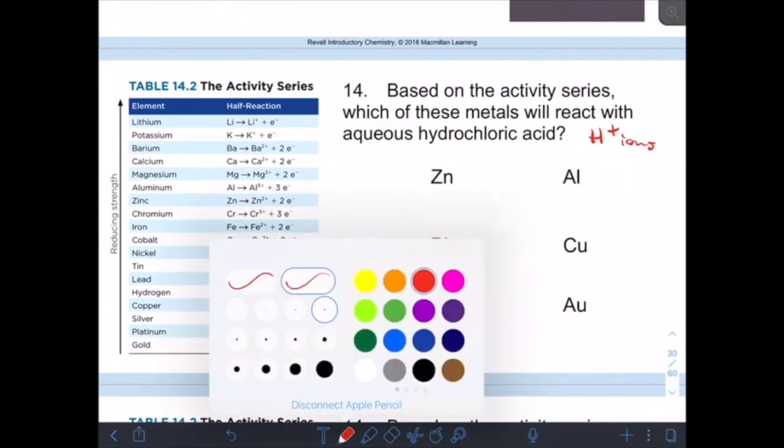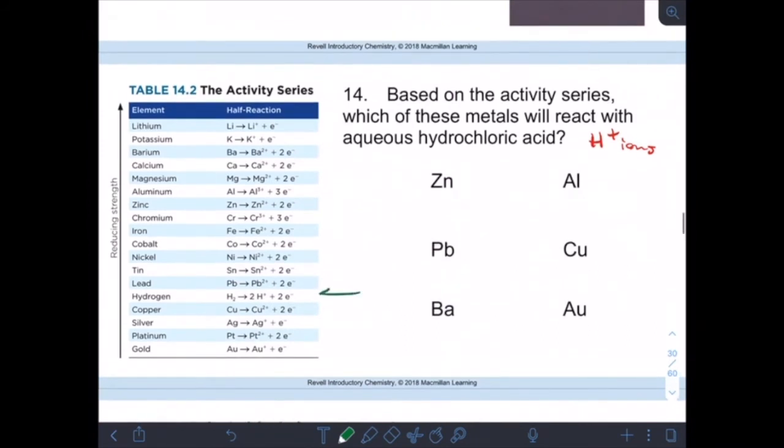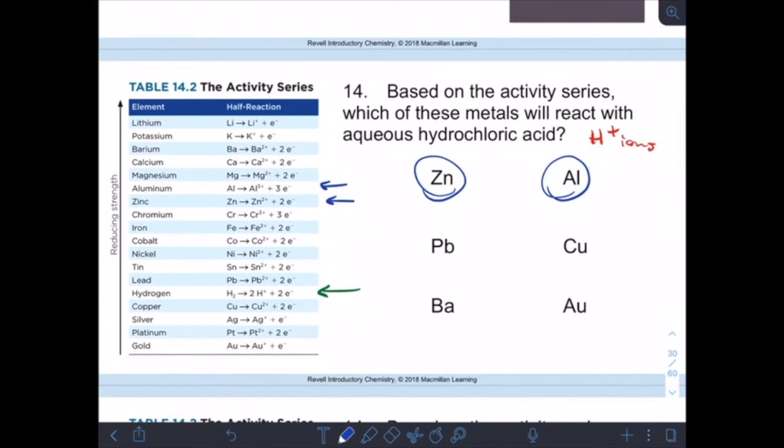So let's find our hydrogen ions, and they are sitting right down here at that level. So let's see about zinc, right? Zinc is higher up, so it will react. Aluminum is higher up, so it will react.